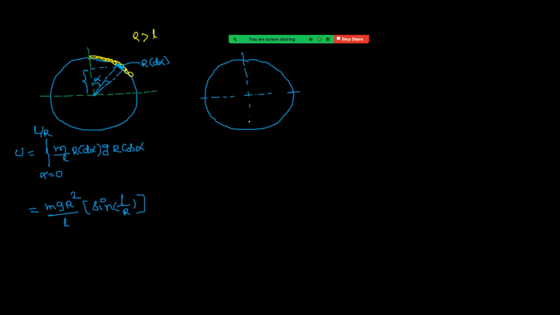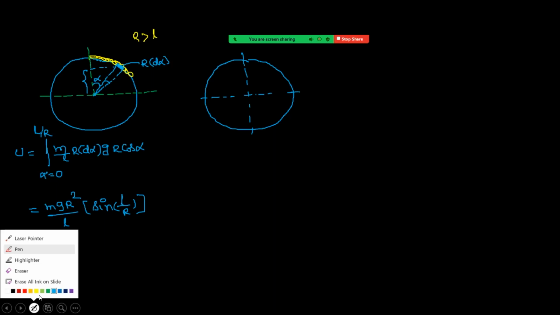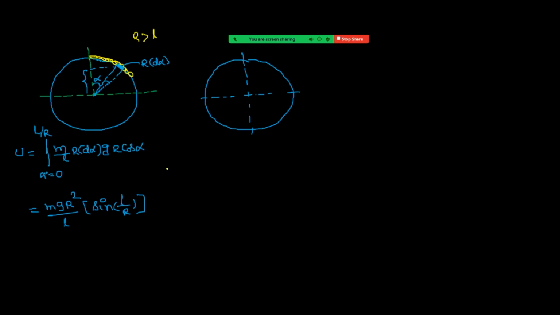Now the chain will have slid through an angle theta, so it will be like this.